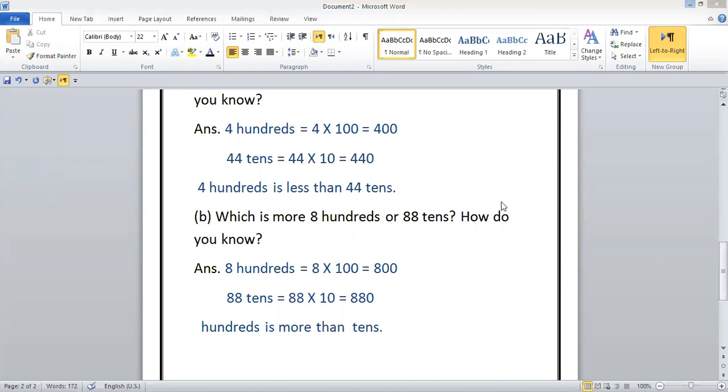Which is more, 800 or 88 tens? It is 88 tens, because when you find out the value of 88 tens, it is 880. It comes between 800 and 880.